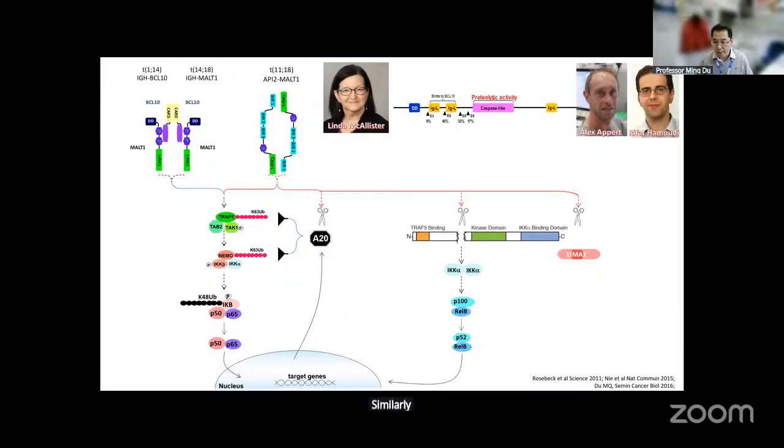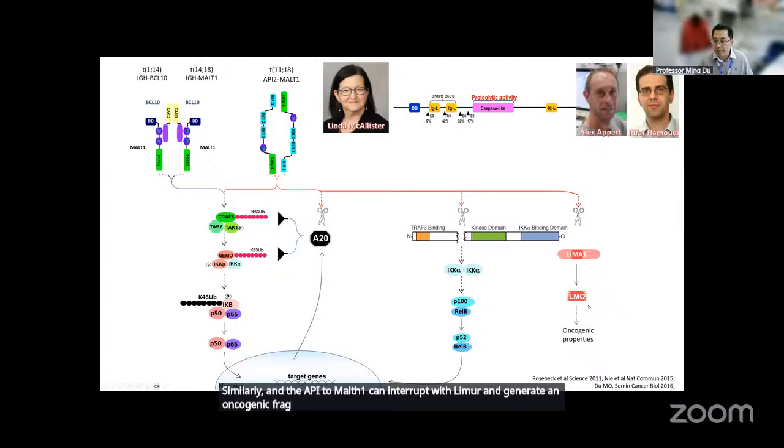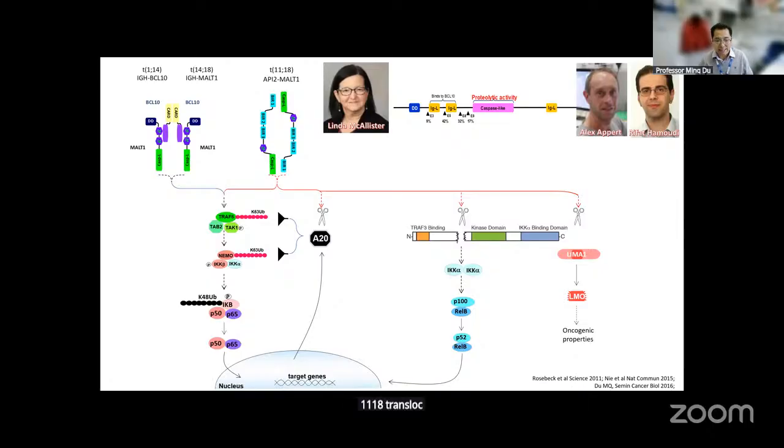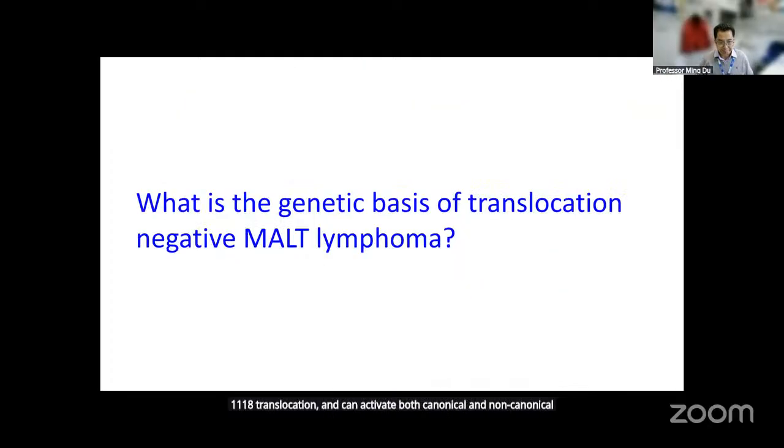Similarly, API2-MALT1 can interact with LIMER and generate an oncogenic fragment called LIMO. So the 1118 translocation can activate both canonical and non-canonical NF-kappa B pathways.